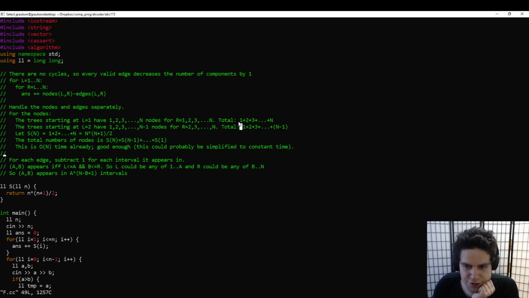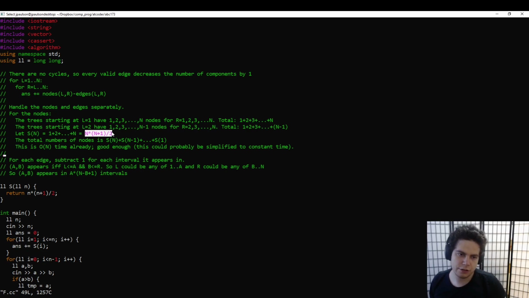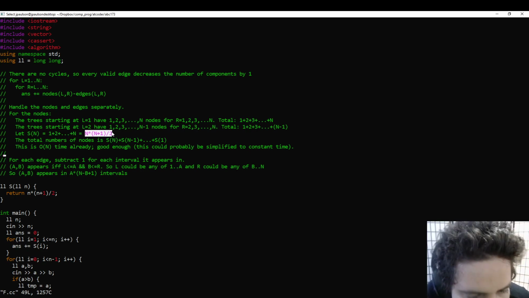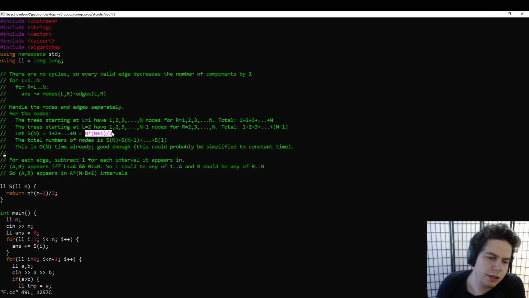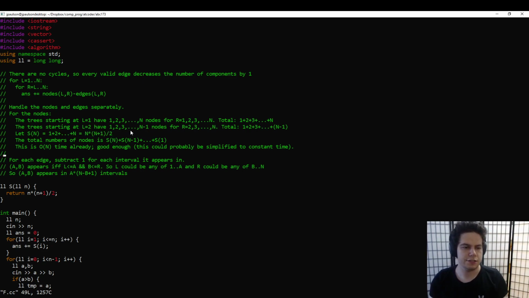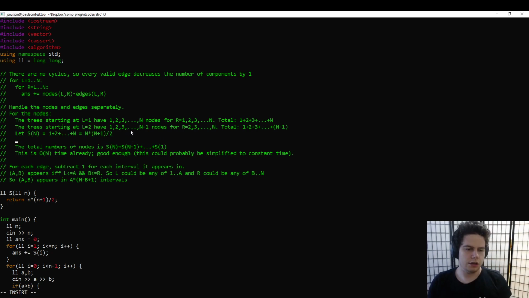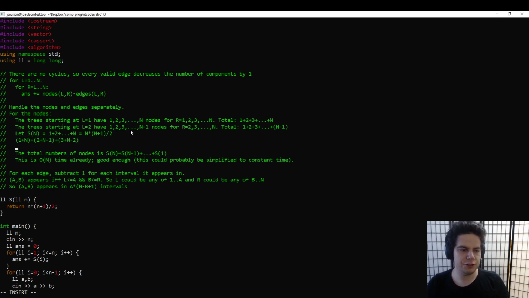So this function, the sum of the numbers from 1 to n, has a well-known formula. And why is that the formula, by the way? This is a nice trick. You pair up the numbers like this, and each of these groups sums to n plus 1.